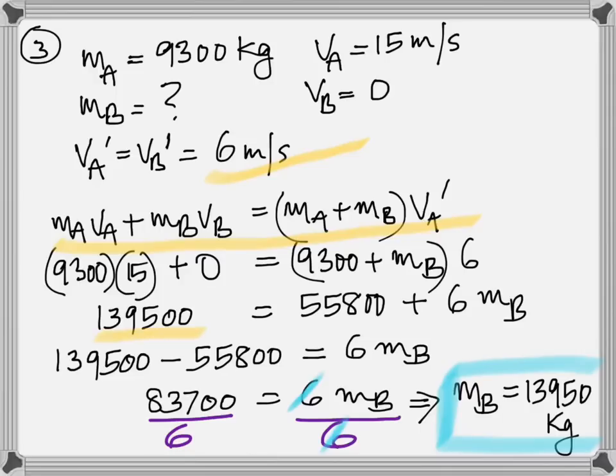And on the right hand side, you get 55,800 plus 6 times MB. Bring that over to the left and subtract. You get 83,700. Divide that by 6 and you get your final answer as 13,950 kilogram. So the mass of the second car was 13,950 kilogram.